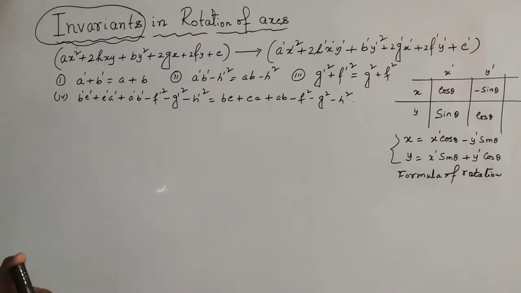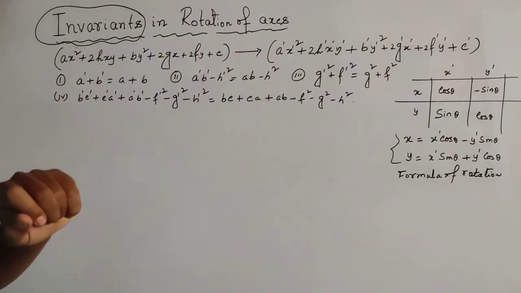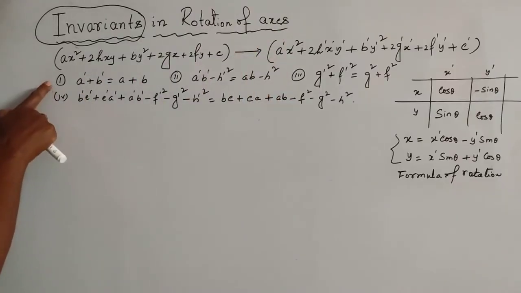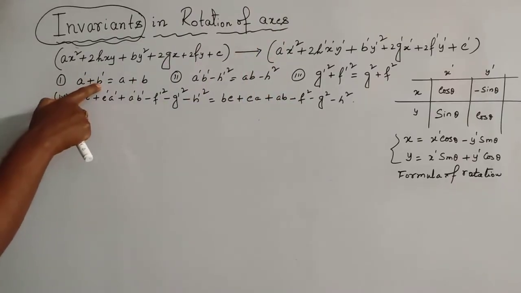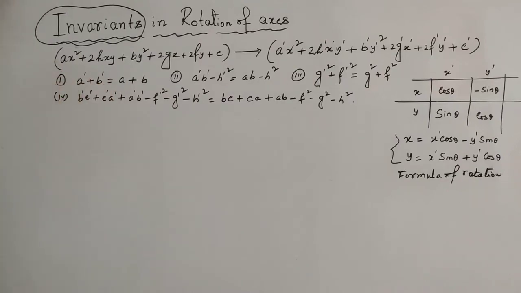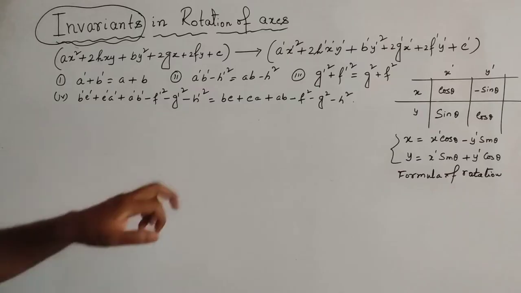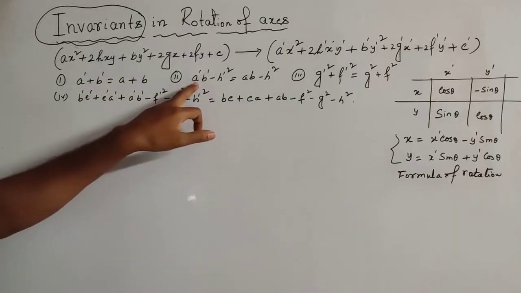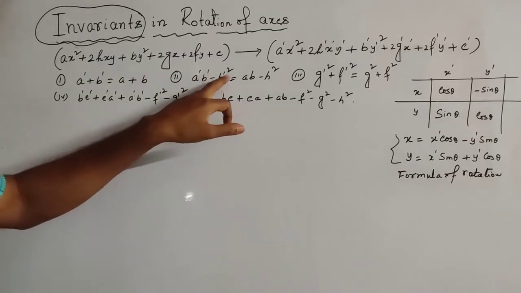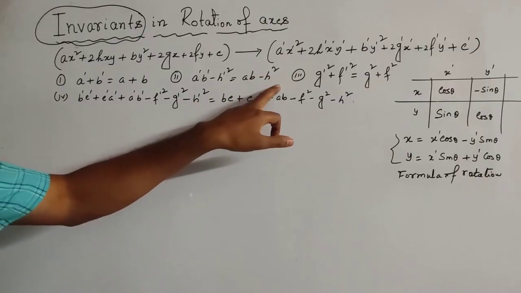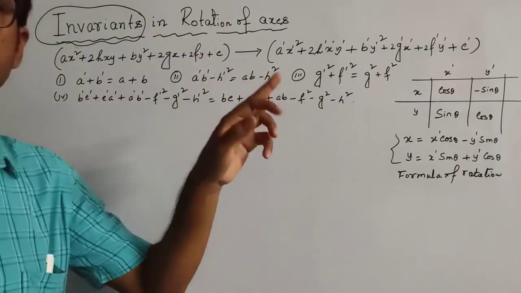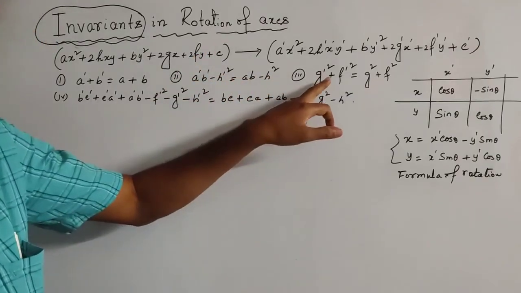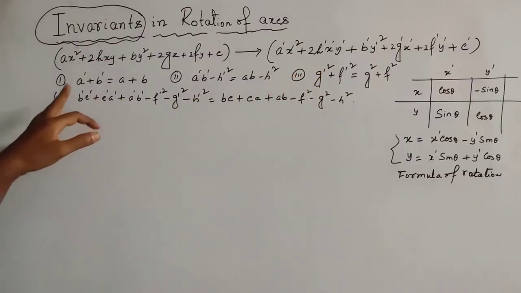Now the quantities which are invariant are: number 1, a dash plus b dash equals a plus b, that is a plus b is invariant. A dash b dash minus h dash square equals ab minus h square, that is ab minus h square is invariant. And similarly 3 and 4.